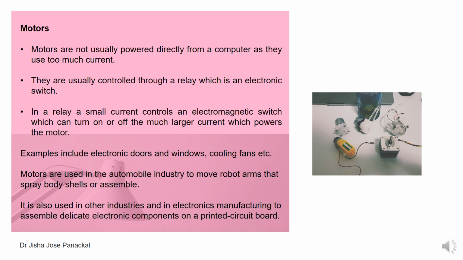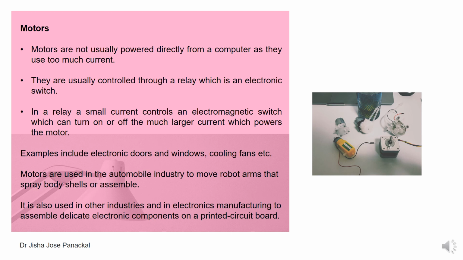Next one is motors. These are not very heavy or large motors. These are small motors that are used along with the computers that can be used as output devices. These are not usually powered directly from a computer as they use too much current. So we do not connect them directly with the computer.